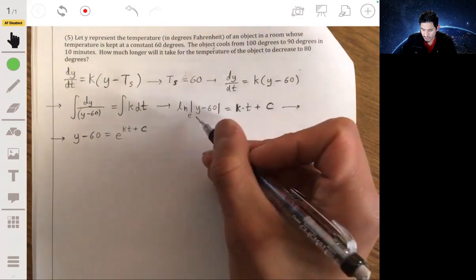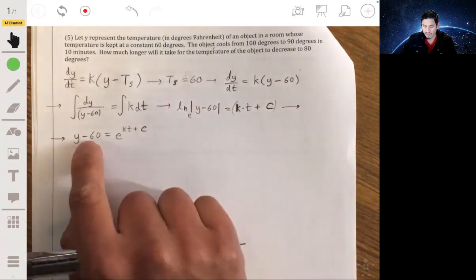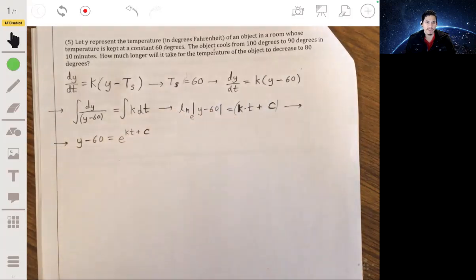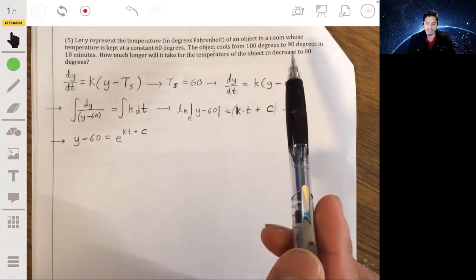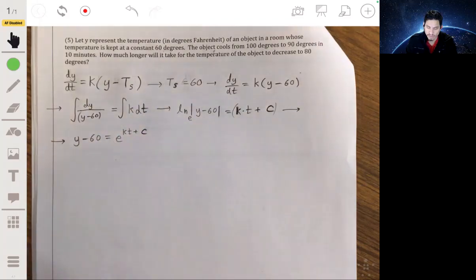Remember, this raised to that, this whole group is equal to this. And I'm taking away the absolute value symbols because we know that y minus 60 is going to be a positive number because the object is cooling. The object is going to be greater than 60, so y minus 60 is going to be positive.